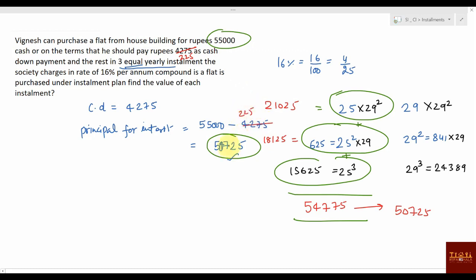This will become 54775. Now 54775 corresponds to 54775. So what will be your annual installment? 24389. Clear? I think only in typing some mistake happened.